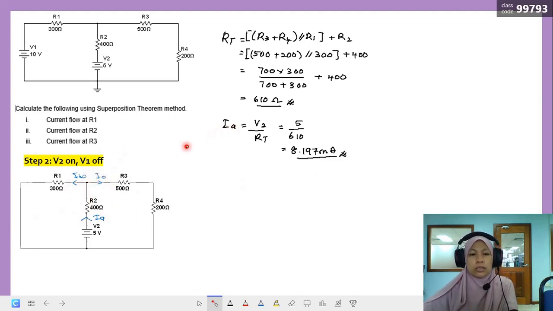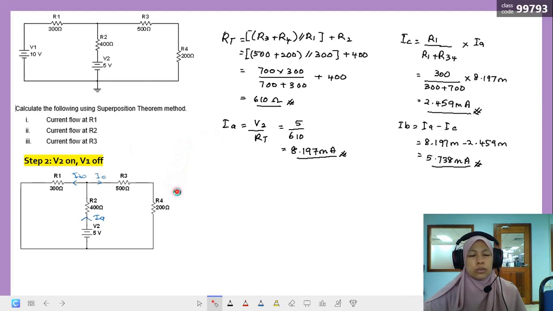After we get IA, we need to find IB and IC. We use CDR, current divider rule, to calculate IC: R1 over R1 plus R34. R34 is in series, 500 and 200, so it becomes 700 here.